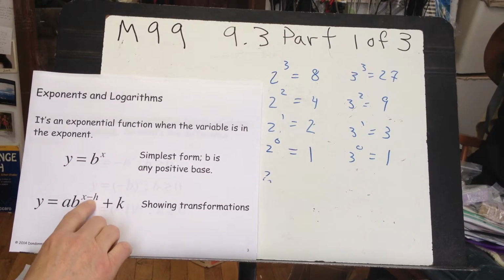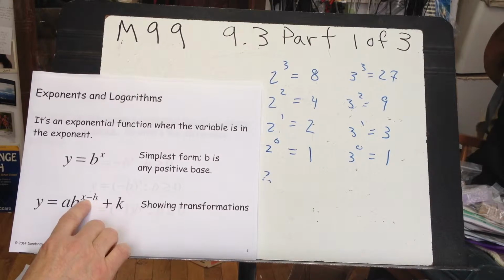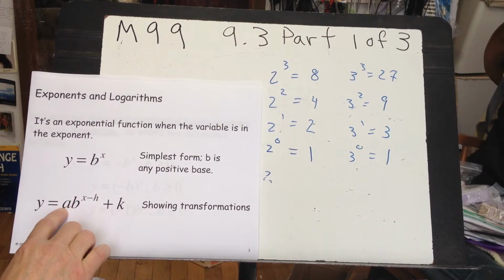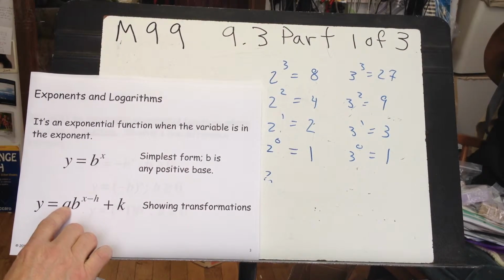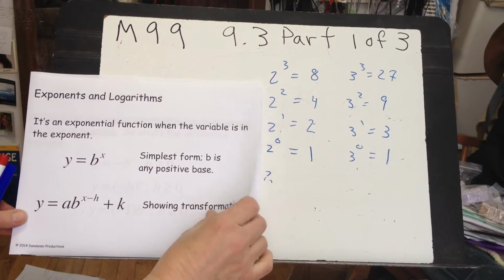Adding or subtracting something with x is the horizontal shift, and subtraction moves it left and addition moves it right, which is why it's minus h, minus the horizontal shift. A, being the leading coefficient, is going to vertically stretch this function, just like it does with a quadratic.